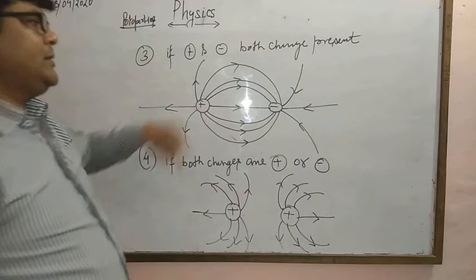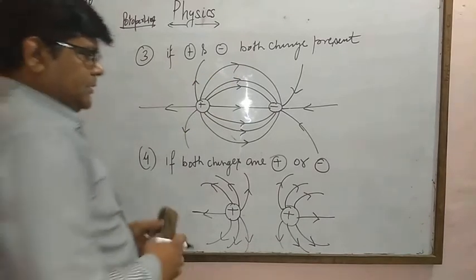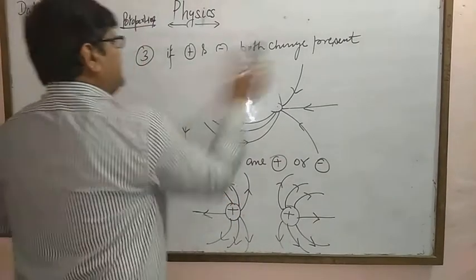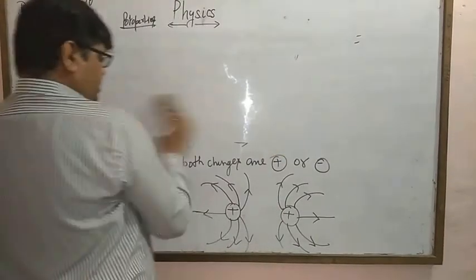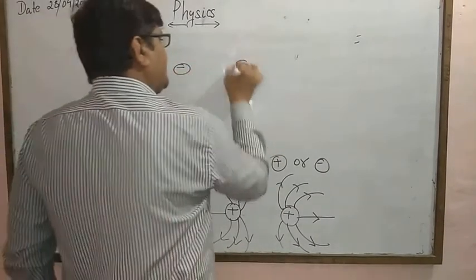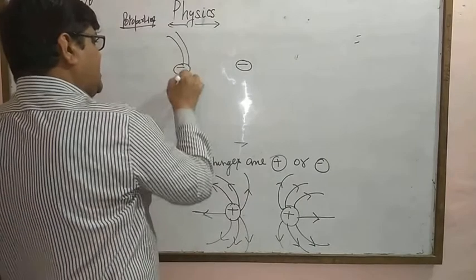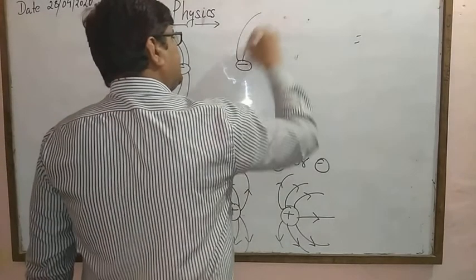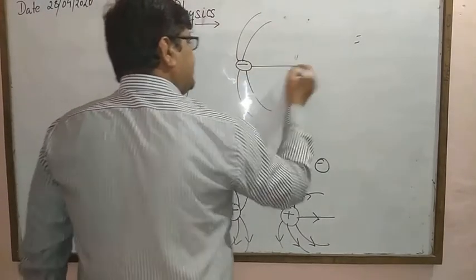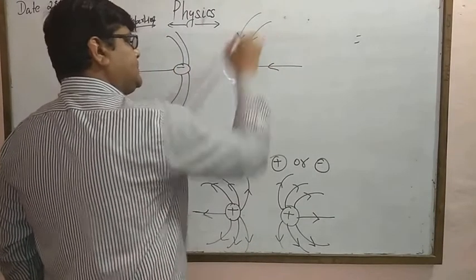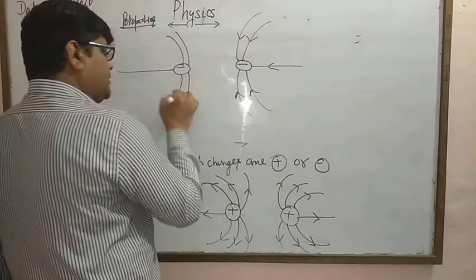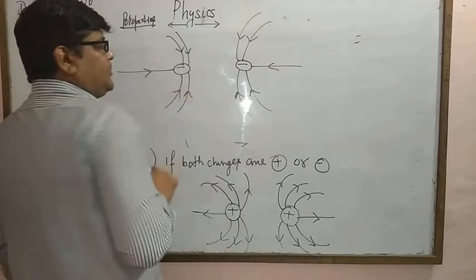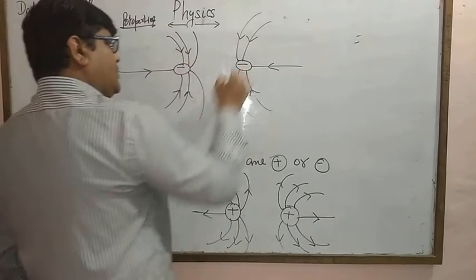In both cases, whether both charges are positive or both negative, lines of force expand due to repulsion force, the electrostatic repulsion force or Coulomb force.